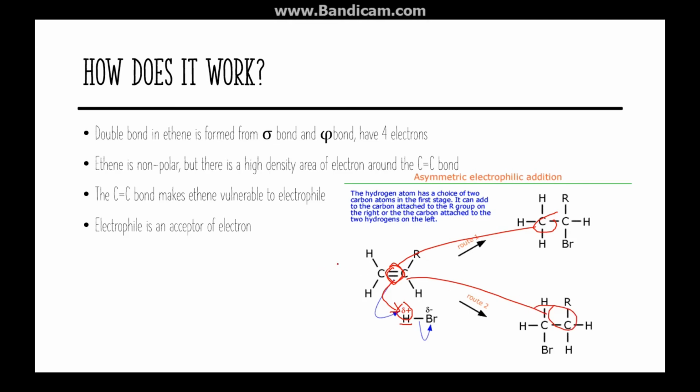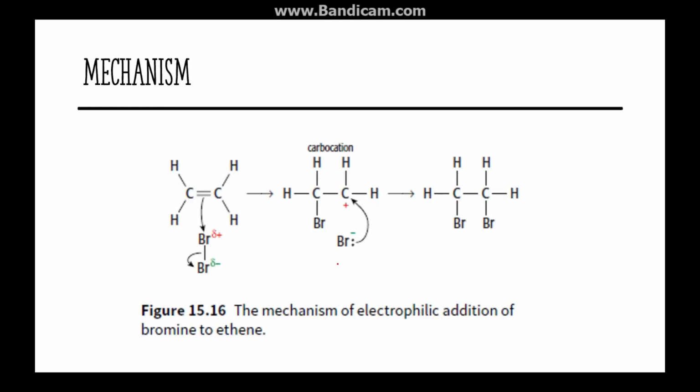Next, mechanisms. Here we see mechanisms of an electrophilic addition. There is ethene and bromine. I will explain this. In a bromine molecule, bromine is a non-polar molecule. It can act as an electrophile as well.